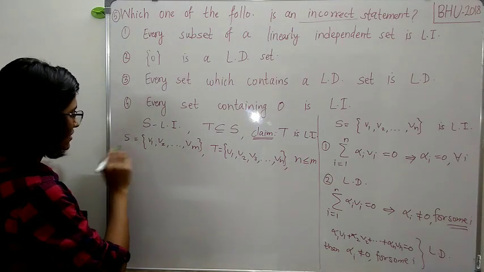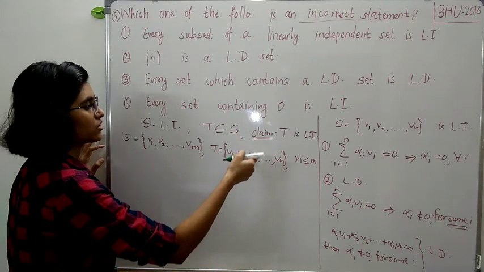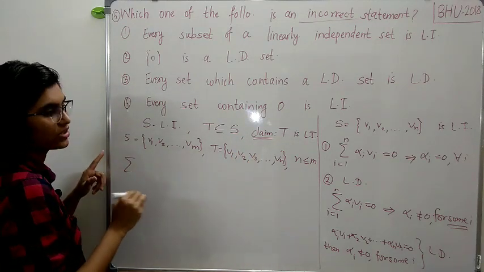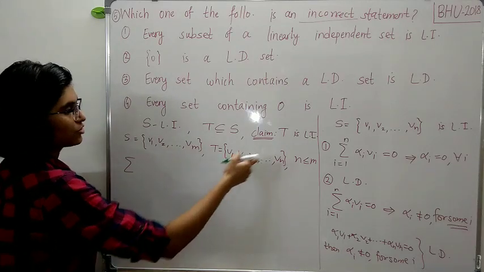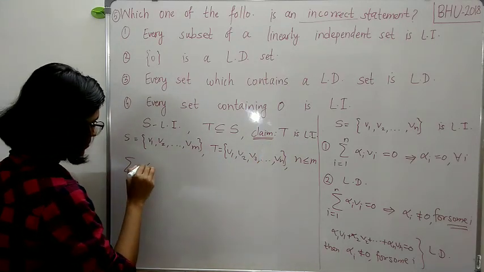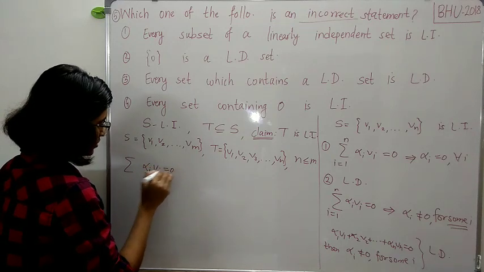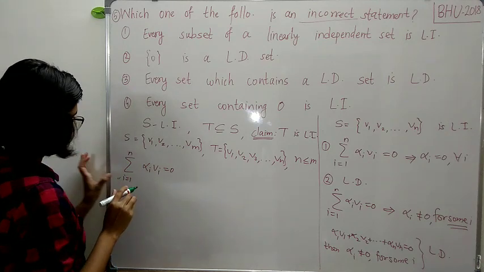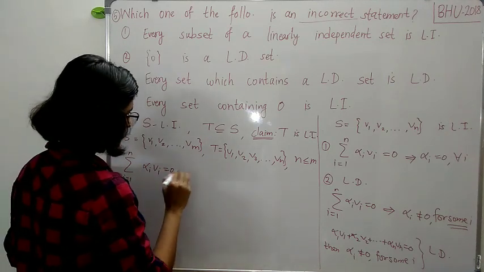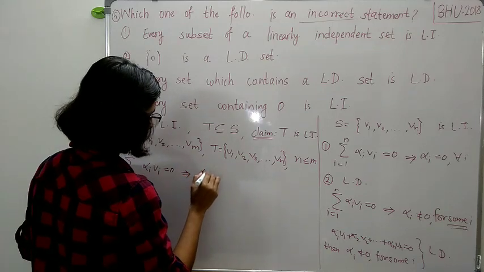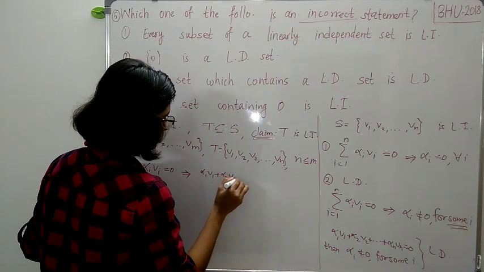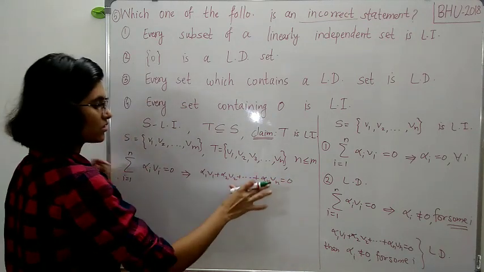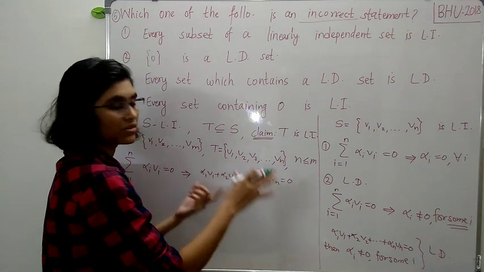Now let us apply the definition here. Take a linear combination of these elements, because we need to prove that this is linearly independent. So take this linear combination equal to 0, where i runs from 1 to n. This gives us alpha 1 v1, alpha 2 v2, and so on, alpha n vn is equal to 0.